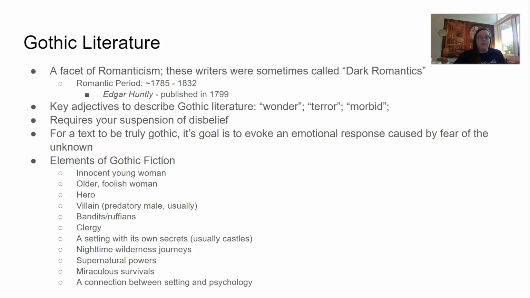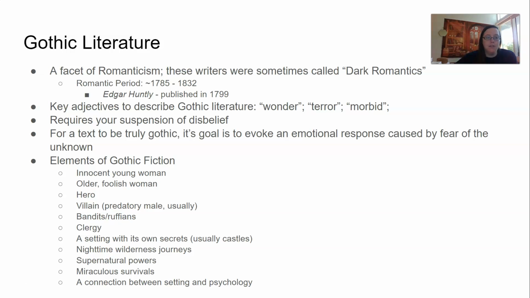Some elements of Gothic fiction that you'll notice in a lot of writing include an innocent young woman, usually a virgin, an older woman who's foolish, or at least appears foolish. There's a hero, there's a villain, usually a male, usually some kind of predatory male.